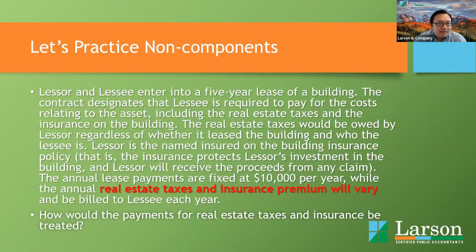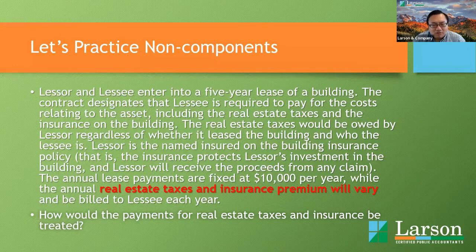So we're going to practice a non-component here. Lessor and lessee enter into a 5-year lease of a building. The contract designates that lessee is required to pay costs for the asset, including real estate taxes and insurance. The real estate taxes would be owed to the lessor regardless of whether it leased a building and who the lessee is.